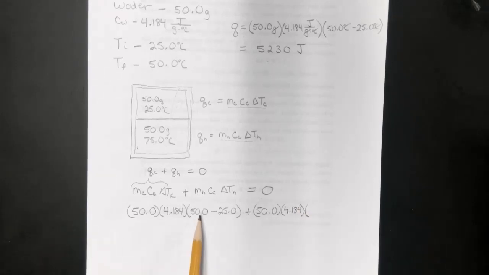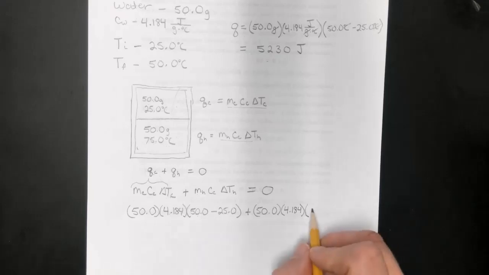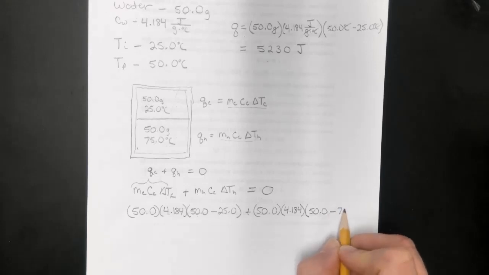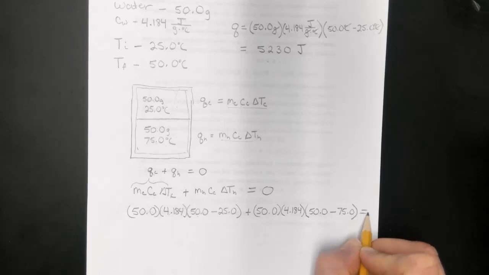The final temperature of the hot water is 50, and the initial temperature was 75. And all this must equal 0. Okay, so here's what I'm talking about over here. This is going to be a negative term. 50 minus 75 will be minus 25.0. That's going to make this entire term negative.